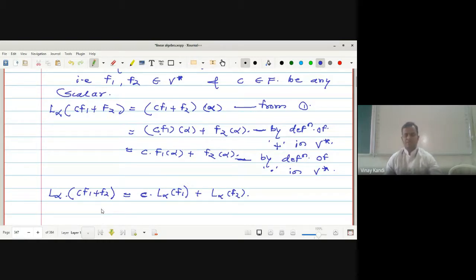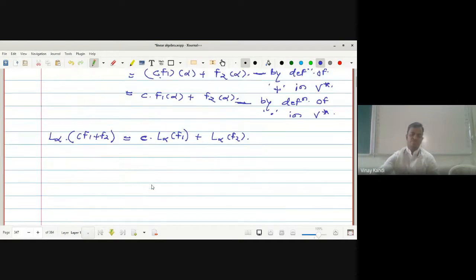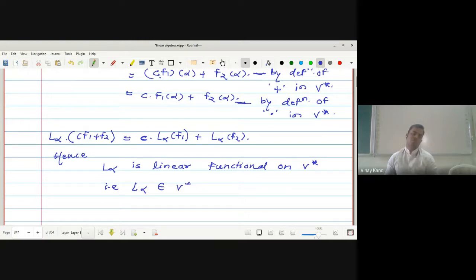Okay, so the rule we defined for the map is linear. Hence L alpha is a linear functional on V star, that is, L alpha belongs to V double star. Any doubt?